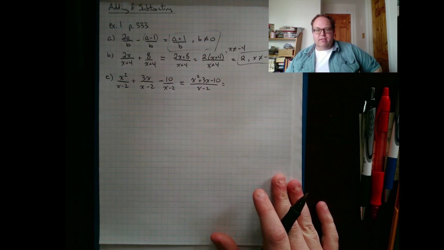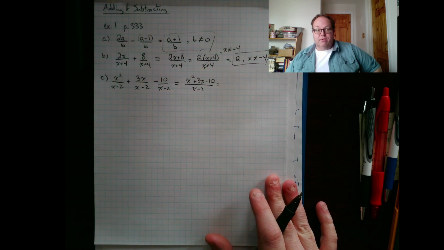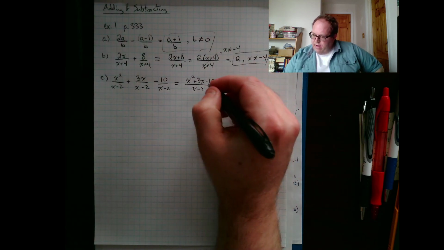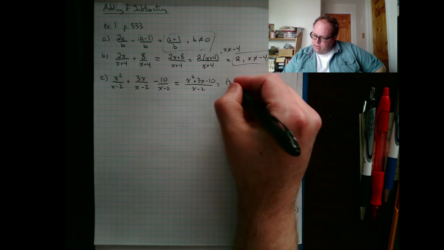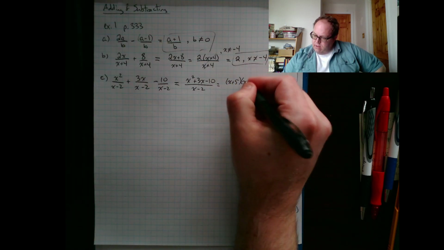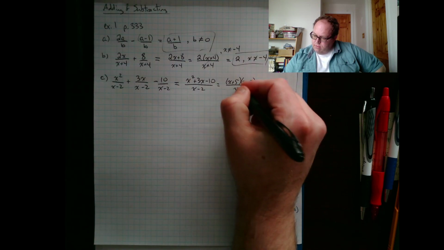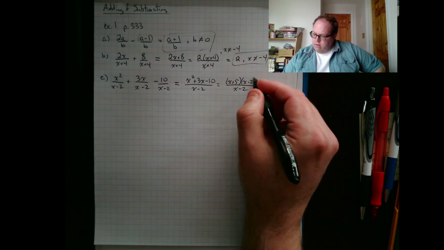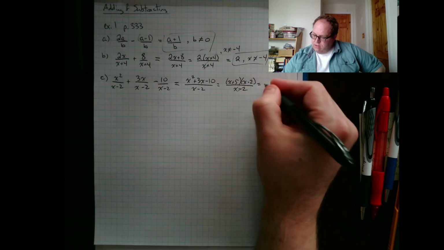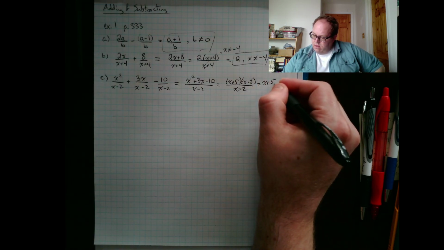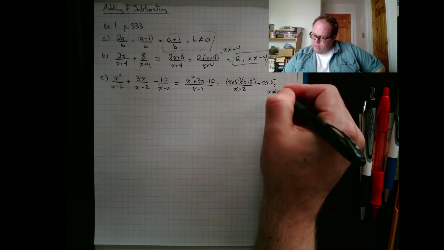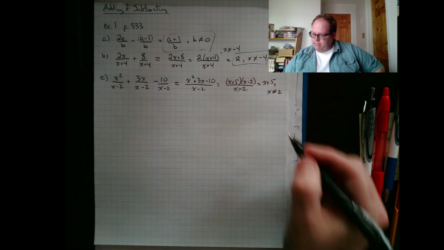That's supposed to have the x can't equal negative 4. Alright. So x squared plus 3x minus 10 over x minus 2 will factor into x plus 5 times x minus 2. My x minus 2's cancel, and this whole thing is equivalent to x plus 5 so long as x does not equal positive 2 because of the division there.